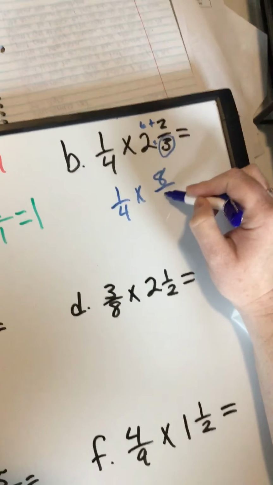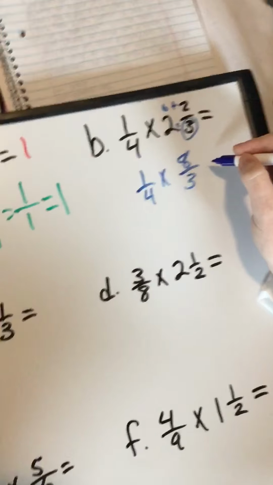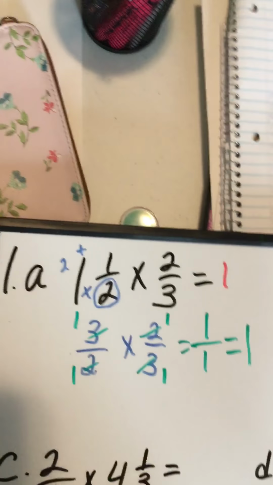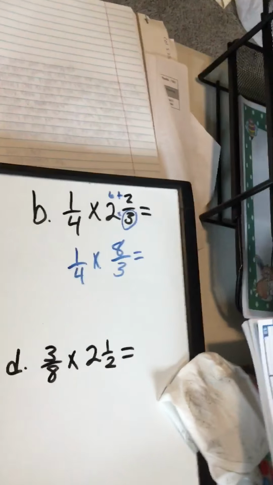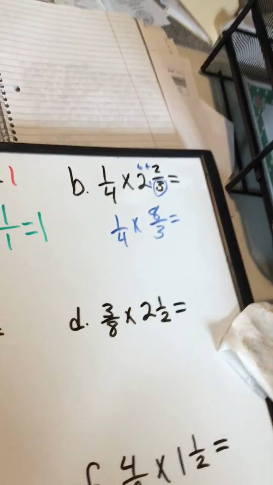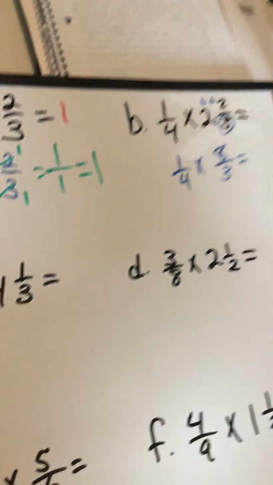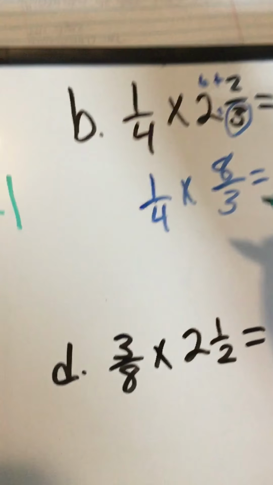And we keep our 3. Okay, now our next step is to do cancellation. Can anything cancel with this? Only our 4 and 8 can cancel.